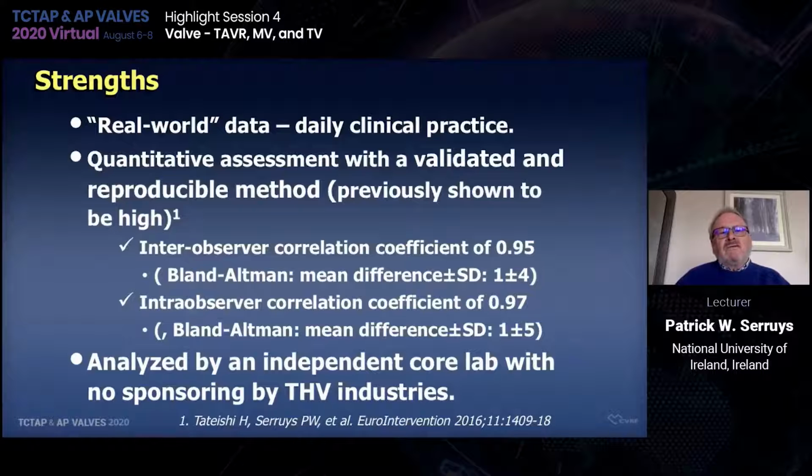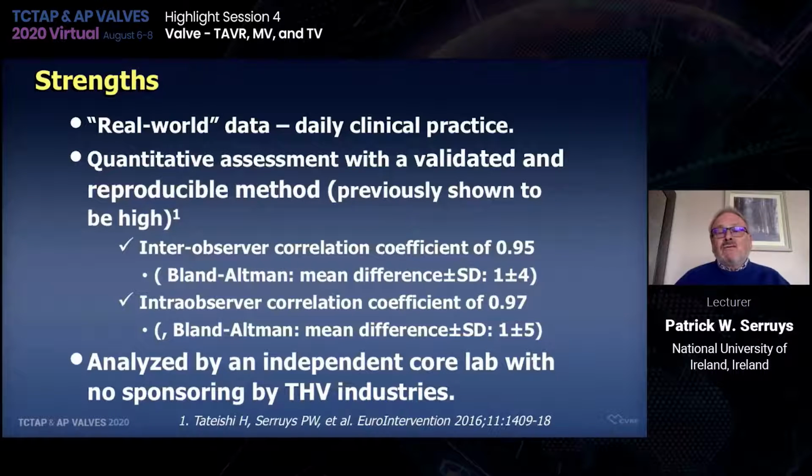So the strength of this type of approach is that it's real-world data in consecutive patients with daily clinical practice. It's a quantitative assessment with a validated and reproducible method. There are now a few centers who have the technology either online or offline.